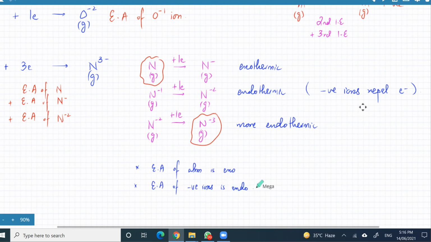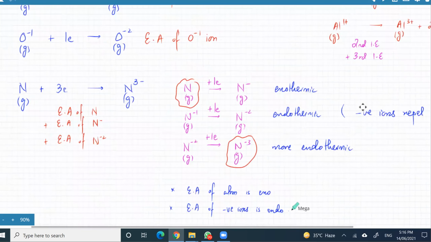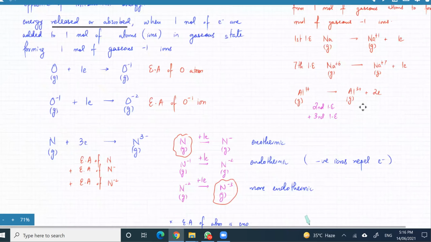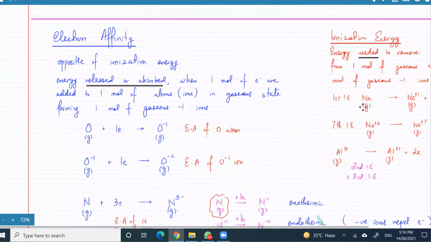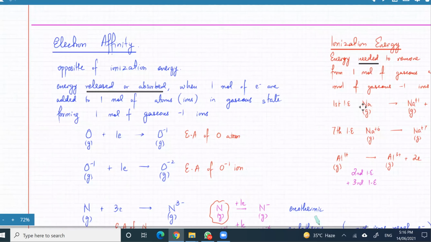Because of repulsion, it becomes really difficult to gain electrons. Okay, is this clear about electron affinity? Yes.